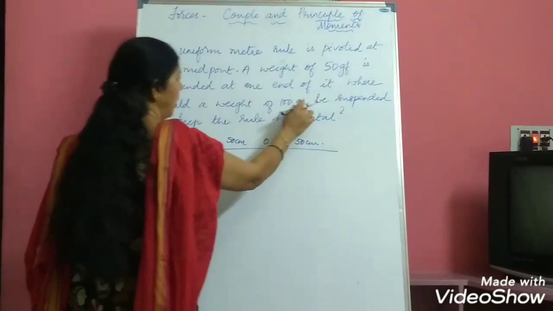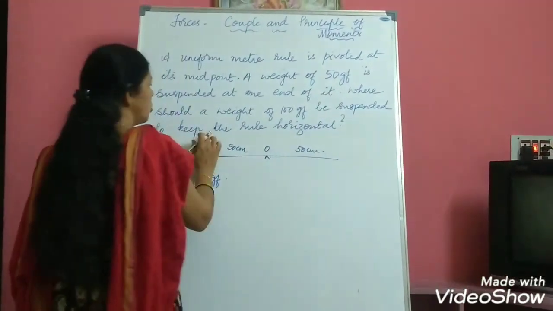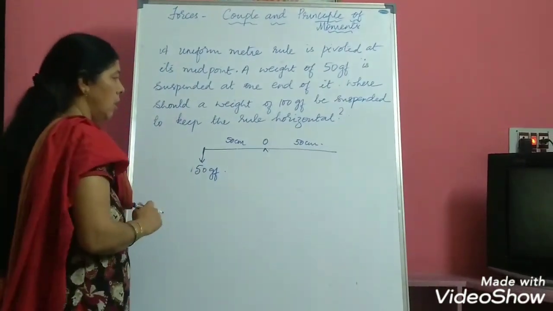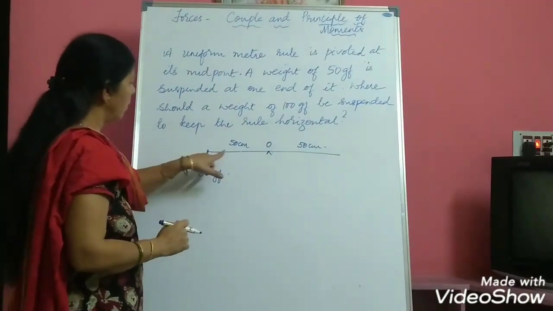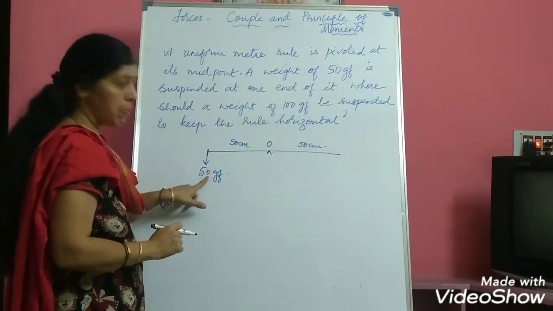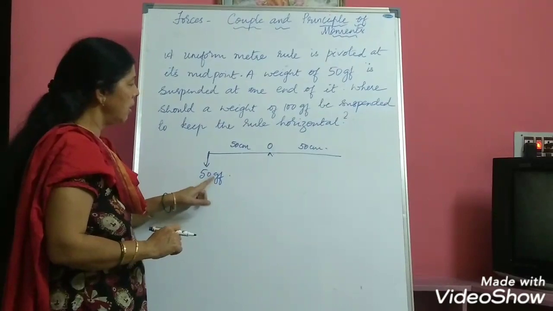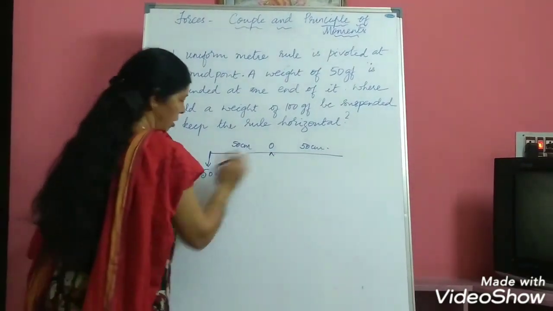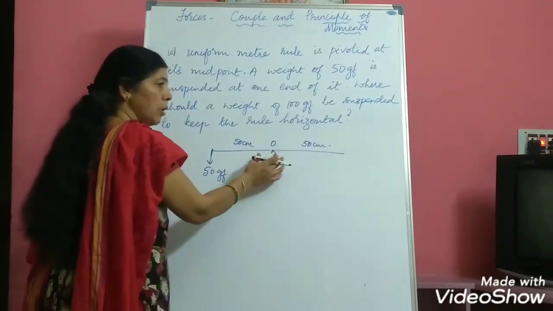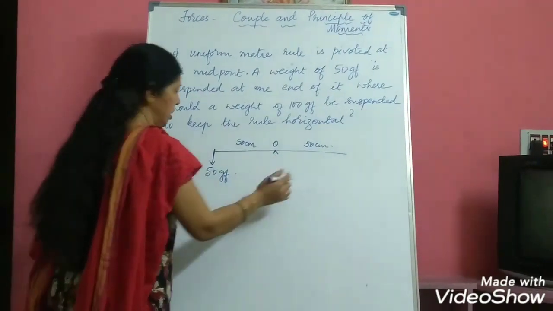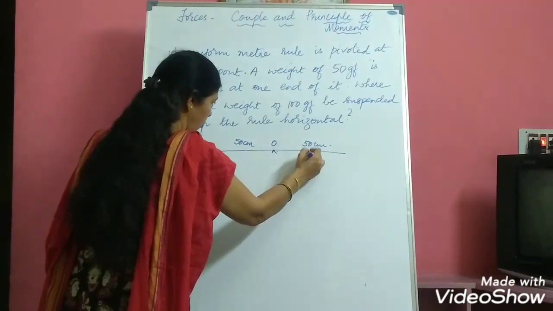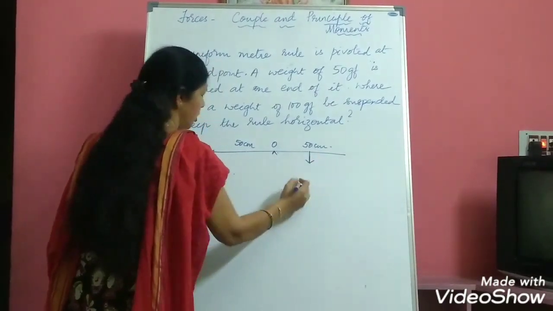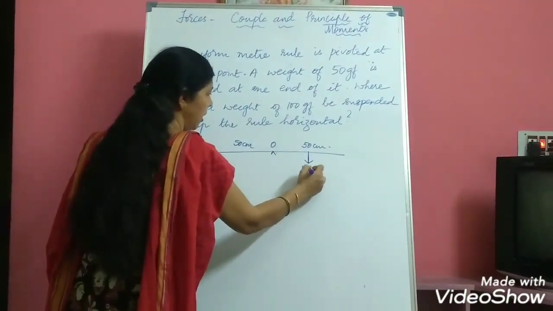Where should a weight of 100 gram force be suspended to keep the rule horizontal? Now, if a weight of 50 gram force is suspended at this point, then the rule will not be in horizontal position. If you want to bring it in horizontal position, or if you want to make it in equilibrium condition, then one more force or weight should be hung at this side.